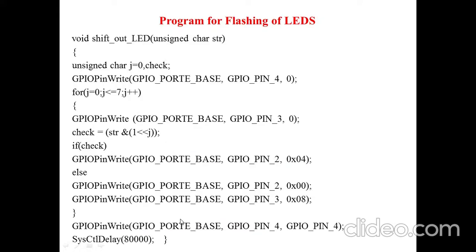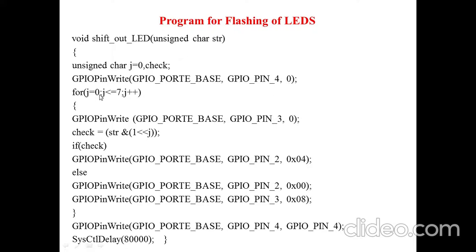That's why here I'm going to use GPIO pin write, GPIO port E base, pin 2 with 0x04, and pin 3 with 0x08. It means first I have to send the data 0x04. You have to check: GPIO pin write, GPIO port E base, GPIO pin 4 comma 0. This comma 0 is nothing but the data.